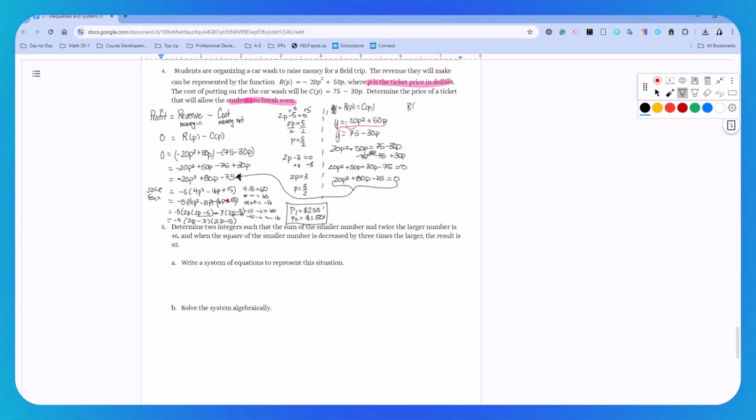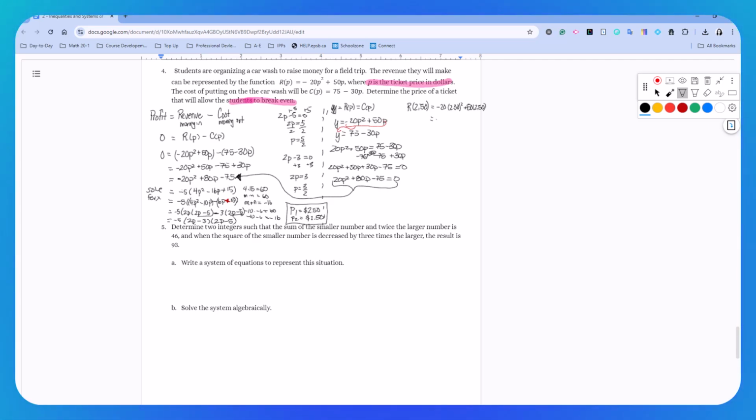So if R of 250, that's going to equal negative 20 times 250 squared plus 50, I'm running out of room, times 250, like that.